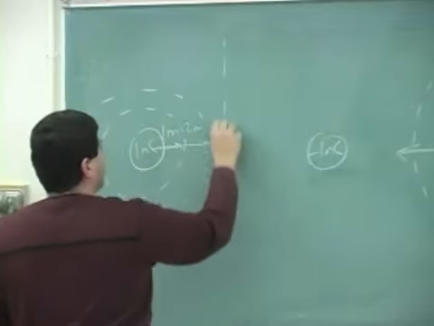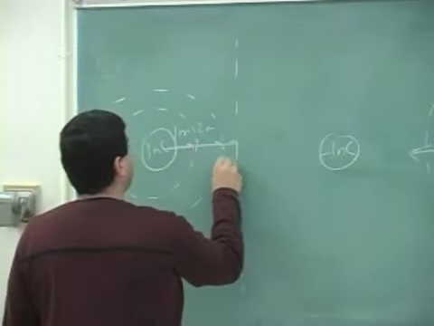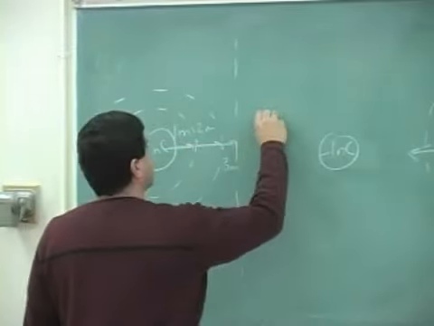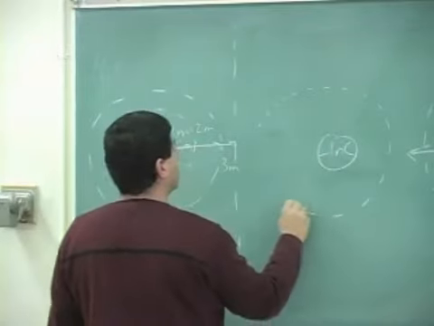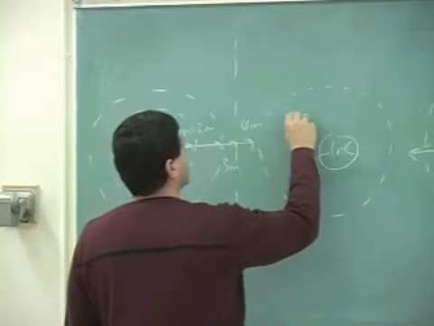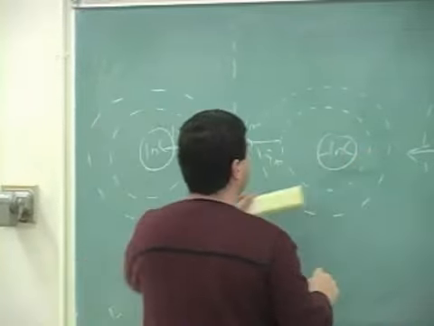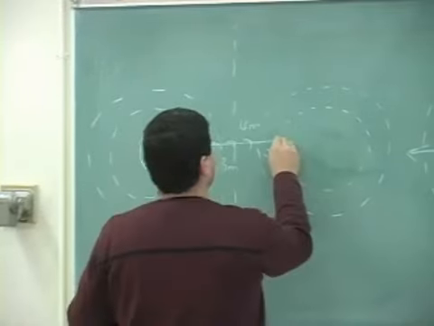The 3 meters away would be in the center. And then there could be 4 meters away, and then 5 meters away, and then this is at 6 meters away.